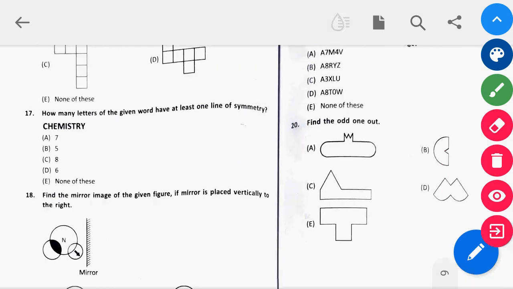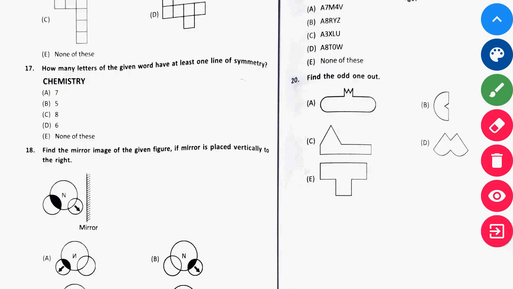So you have to find which option is not a net cube in the given figure. Now see, we have to find which of the figures is not a net cube. Means if we overlap it, it will not get overlapped completely.